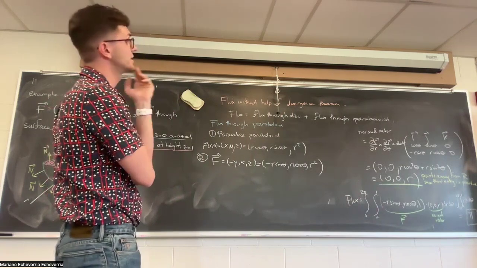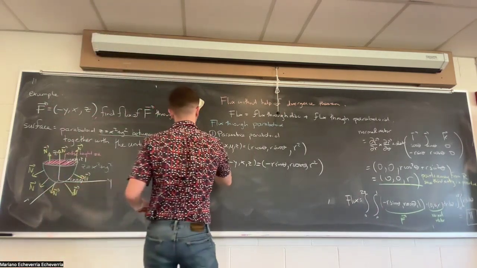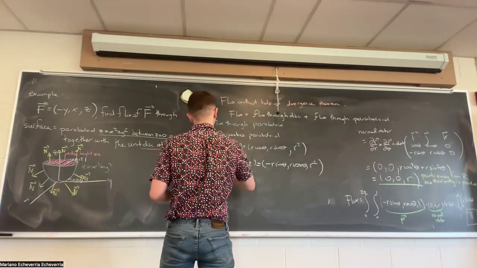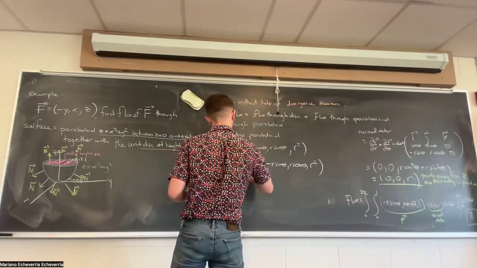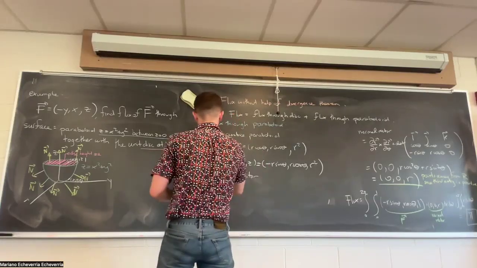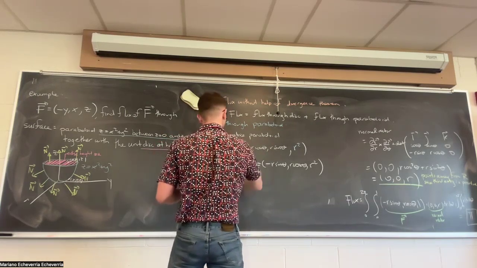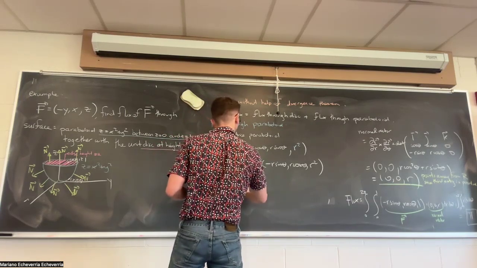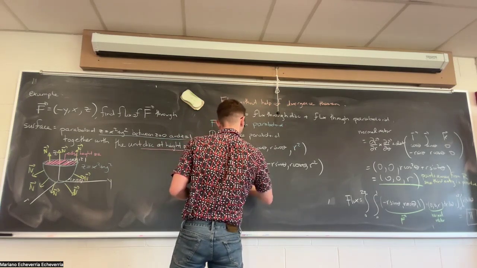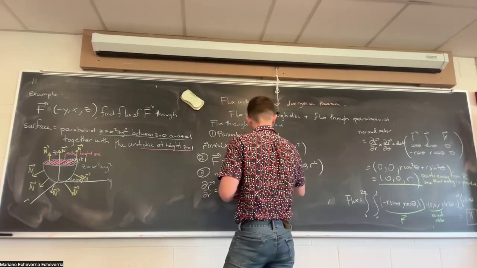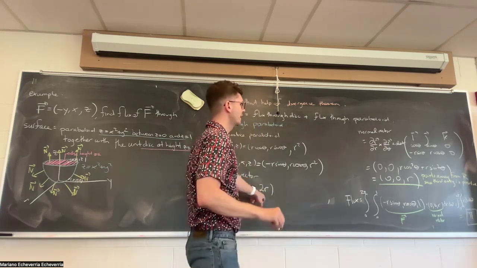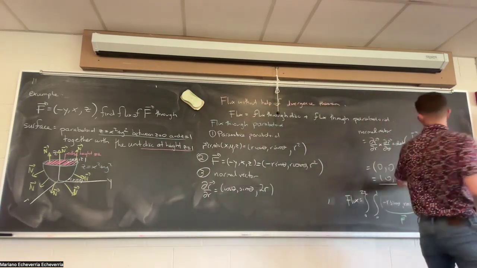And the other thing is we need the normal vector. So just as before, we first take the partial derivatives with respect to the parameters. The derivative with respect to r is cosine of theta, sine of theta, and now it's 2r, right? Before we had a 0 here.